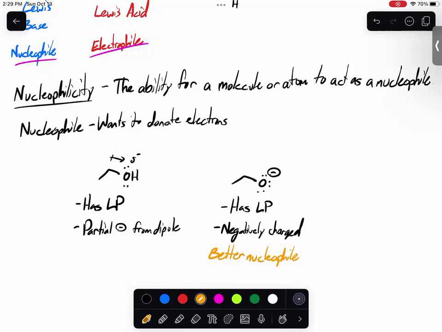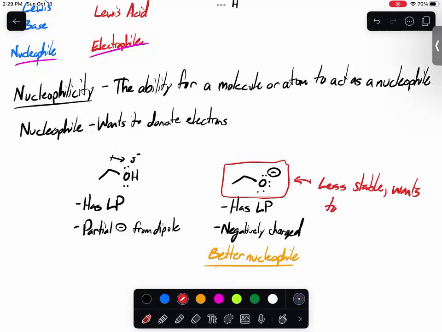And so one thing that you can usually say about better nucleophiles, especially one like this, is that it is less stable because it has that negative charge, and so it wants to donate electrons to stabilize the charge. And this might seem very familiar. Previously, we talked a lot about things with negative charges that want to donate electrons. Those were our Bronsted bases, right?